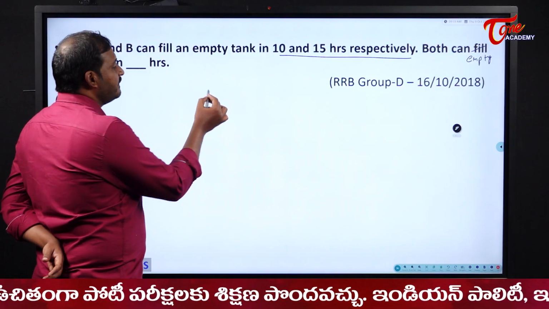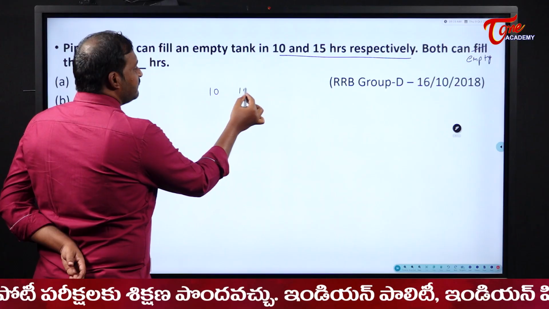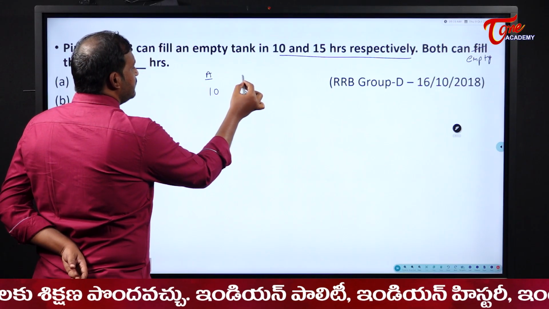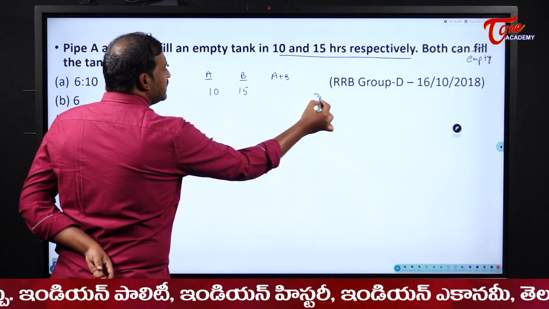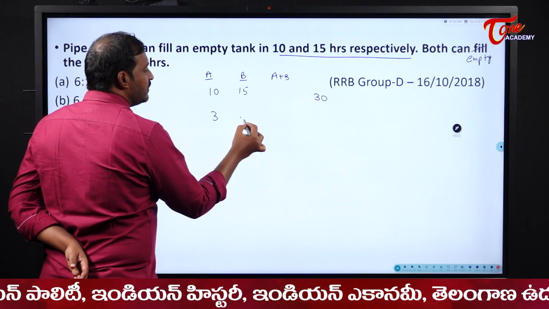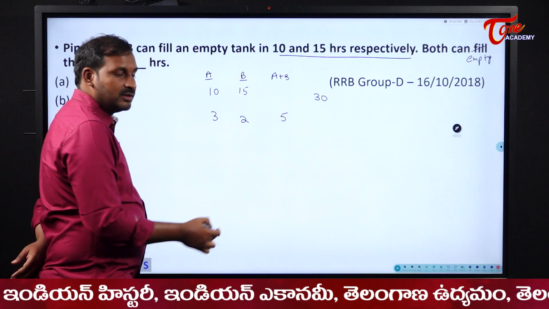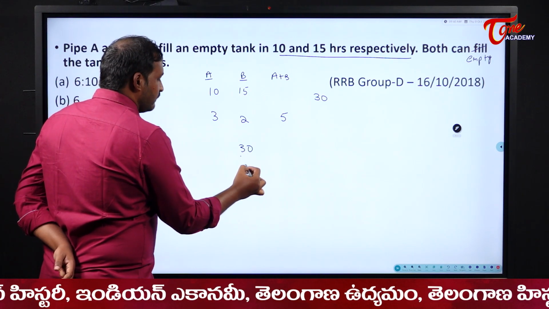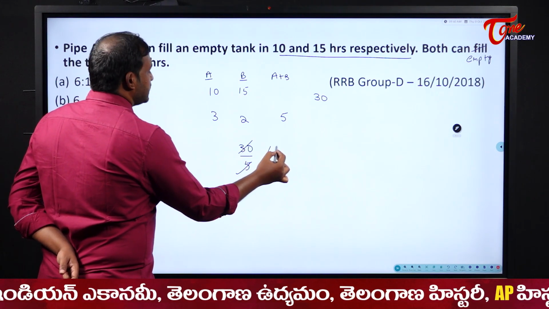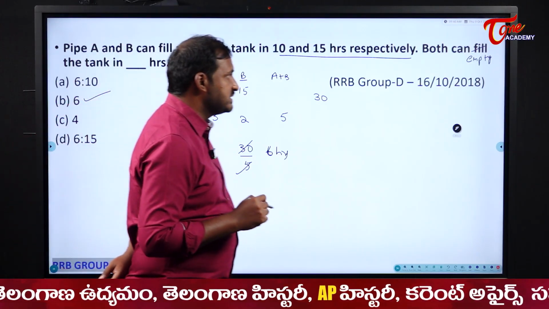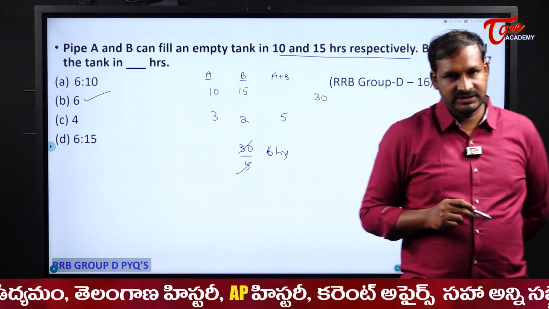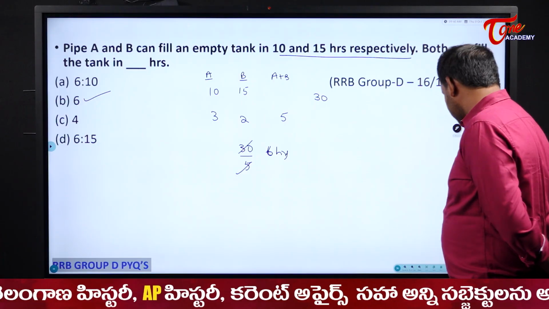As usual, the same thing: 10 hours and 15 hours, A and B. Total work, A and B together, LCM is 30. So their efficiencies become 3 and 2, and the combined efficiency is 5. So 30 by 5 becomes 6 hours. So our answer here is 6 hours.